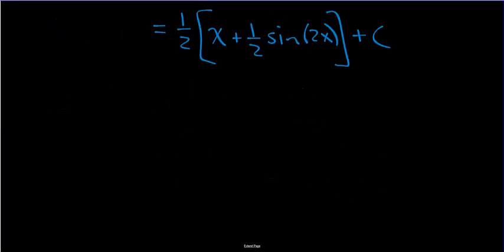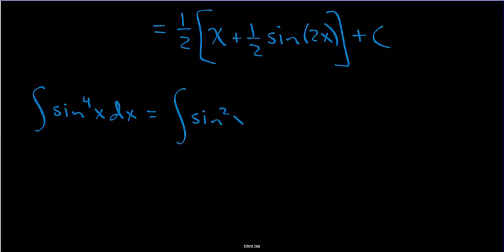Now, they can get more complex. Let's suppose we had sine to the fourth x. If you have sine to the fourth x dx, you view that as sine squared squared, right? So you could write it like this if you wanted.